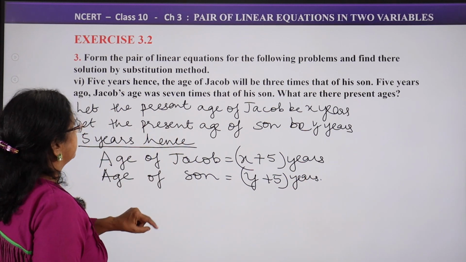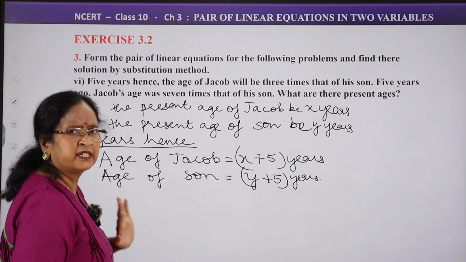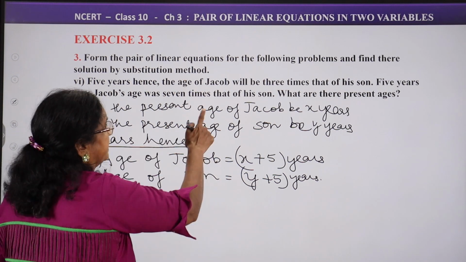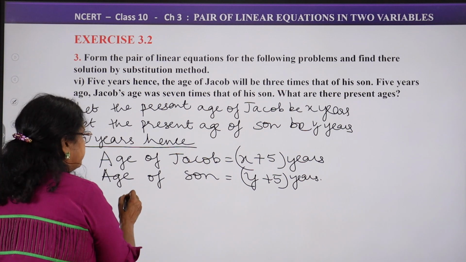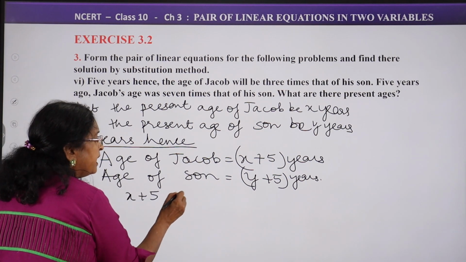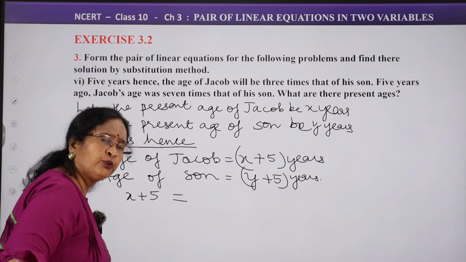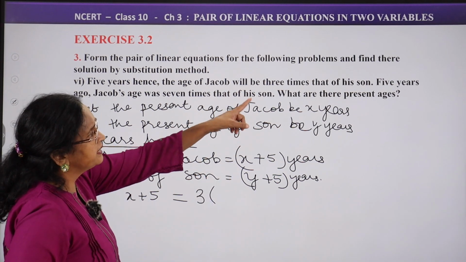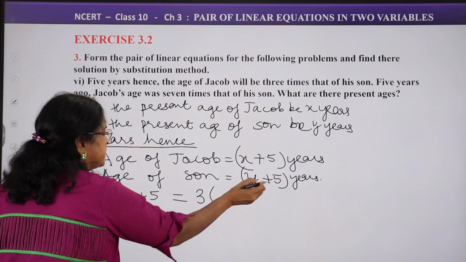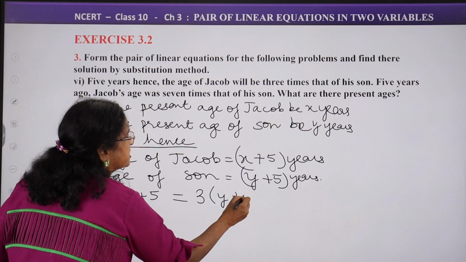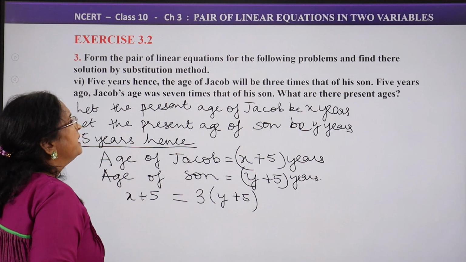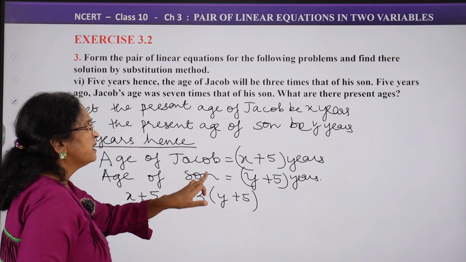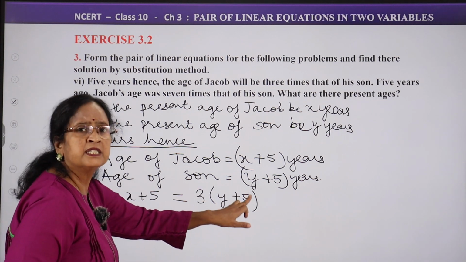What is the first statement? 5 years hence. We got the age. What is the statement after? Jacob will be. What is Jacob? x plus 5 will be equal to 3 times, bracket, that of son. What is the age of son? y plus 5. Alright. Jacob, x plus 5 will be 3 times that of his son.